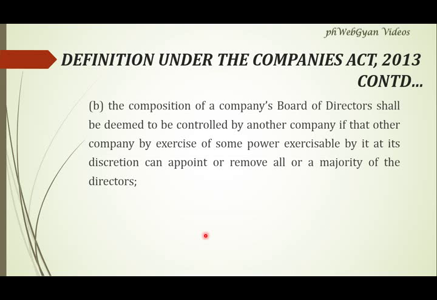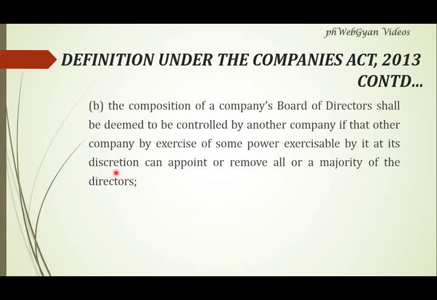So, the second explanation here is that the composition of a company's board of directors shall be deemed to be controlled by another company if that other company, by exercise of some power exercisable by it at its discretion, can appoint or remove all or majority of the directors. So here the important keyword is discretion.